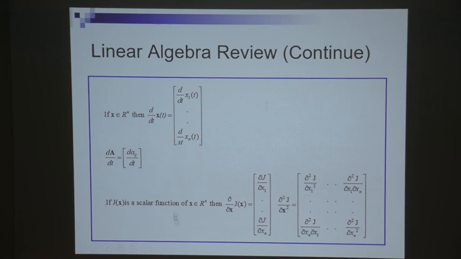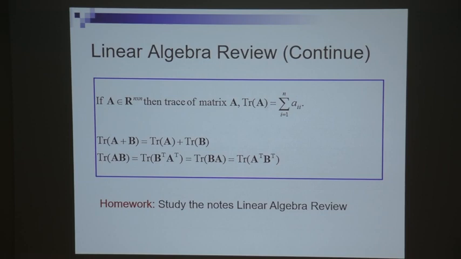If J(x) is a scalar function of x belonging to Rn, then you will have the partial of J over partial x1, to partial J over partial xn. So the second partial of J with respect to x squared will be equal to this. Please look at the notes.